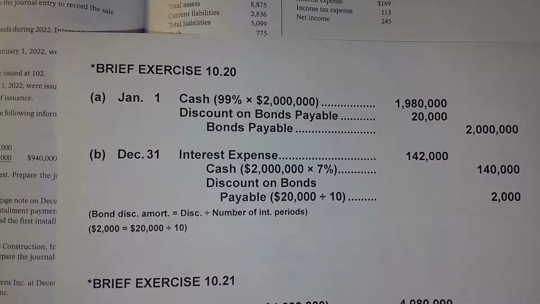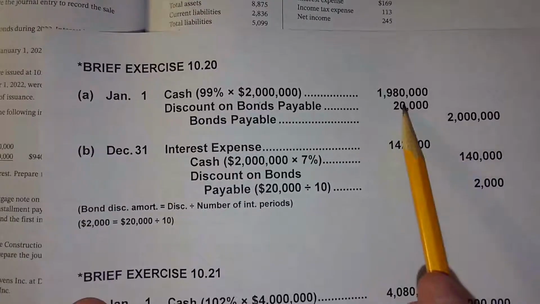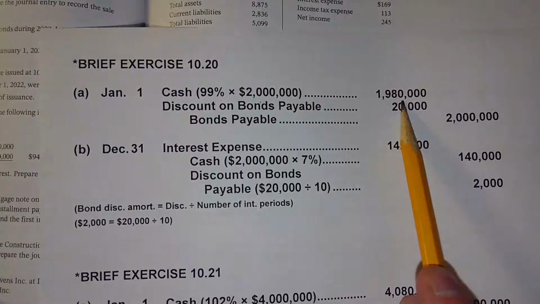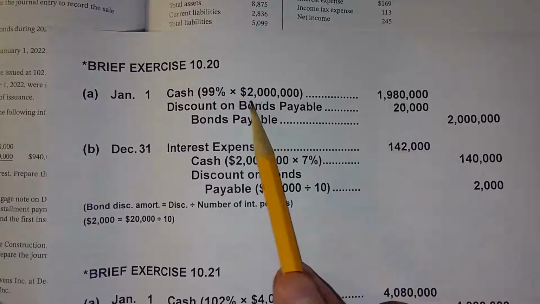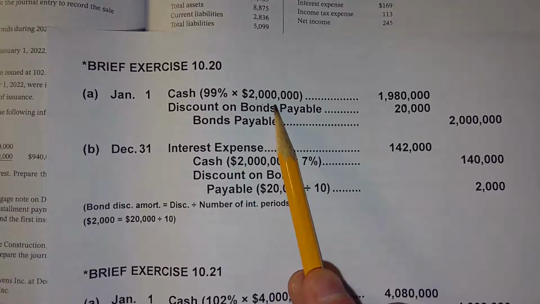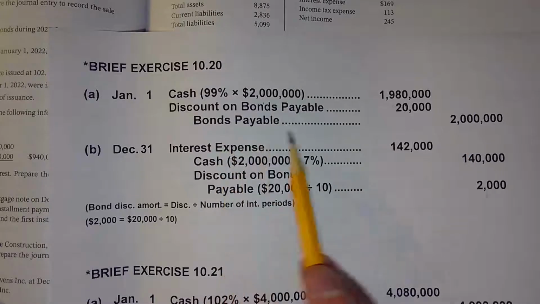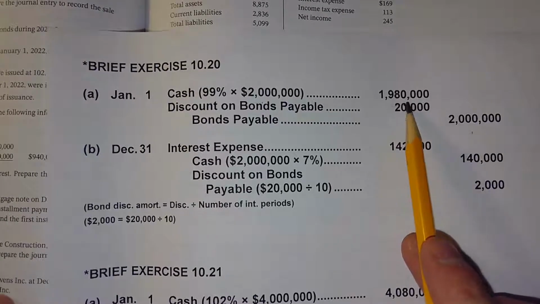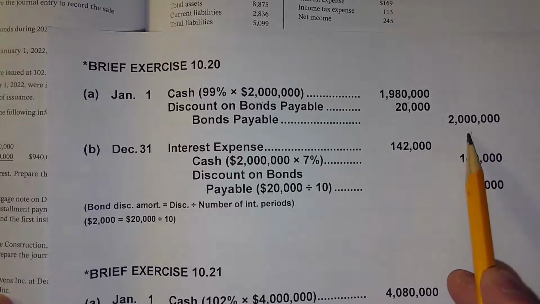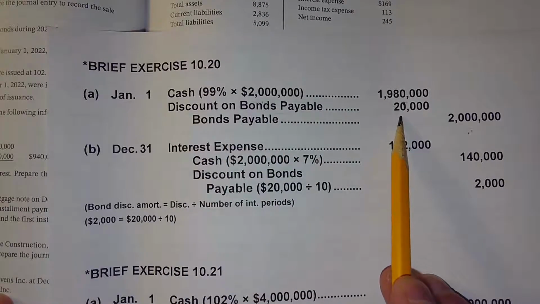So what we're receiving for cash for this bond is not the 2 million. We're discounting and we're getting less. So we're going to debit cash for the amount we're getting, which is going to be less. It's 99% of the 2 million. The face amount of the bond, or bonds payable, which is a liability, is going to be credited for 2 million. Because this is 1,980,000 and this is 2 million, we're going to use this other account called discount on bonds payable, and we're going to put the 20,000 in there.